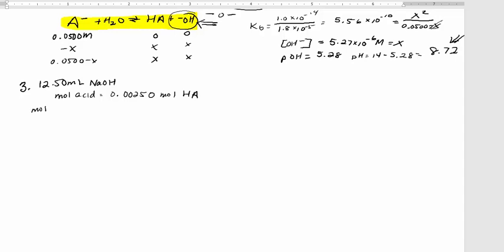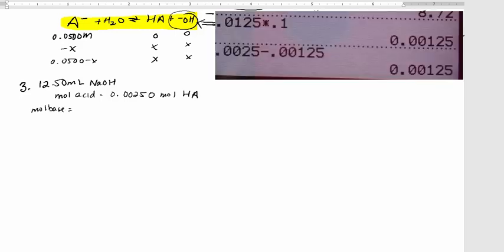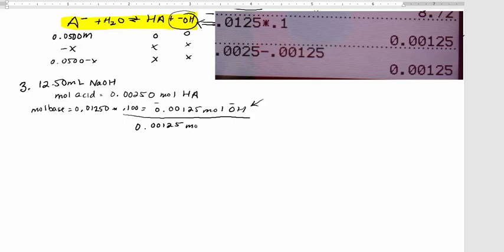My moles of base are going to be the new volume that I'm adding times the molarity, and that will give me the moles of base. Now, because I have more moles of acid than moles of base, I'm going to neutralize only this amount of acid, so I need to take the difference. And this is excess acid that is left.